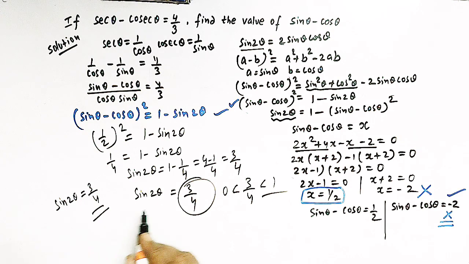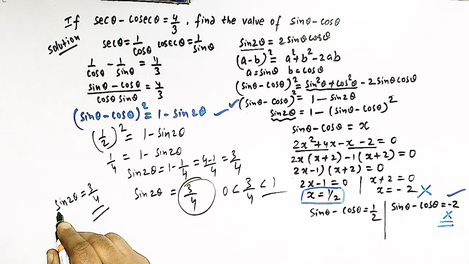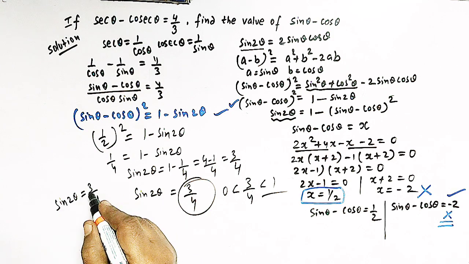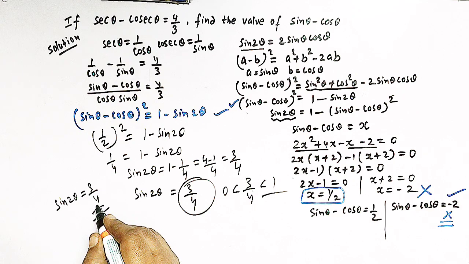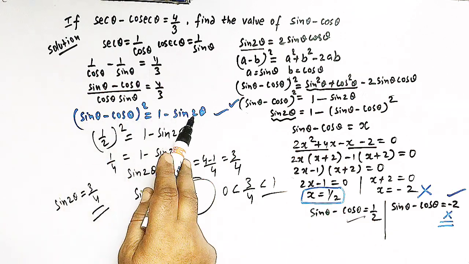Or in other words, we can say that there exists some value of theta for which sine 2 theta can be equal to 3 over 4, right? So from this discussion, we have seen that sine theta minus cosine theta cannot be equal to minus 2, but sine theta minus cosine theta can be equal to half, as we have verified this expression from this relation.